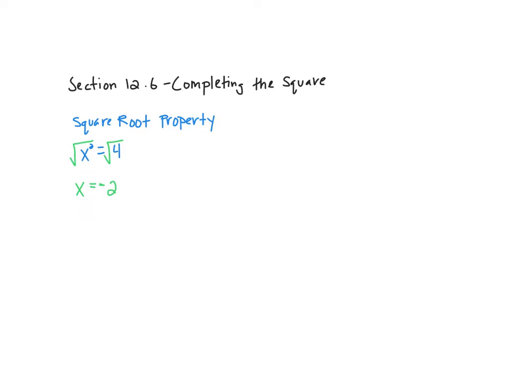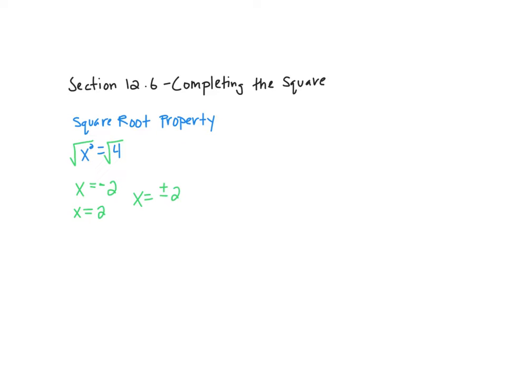All right, so answers are x equals negative 2 and x equals 2, because negative 2 squared is also 4. And how we typically write this is x equals plus or minus 2. So we get both of those answers there, okay? So that's our basic example here.